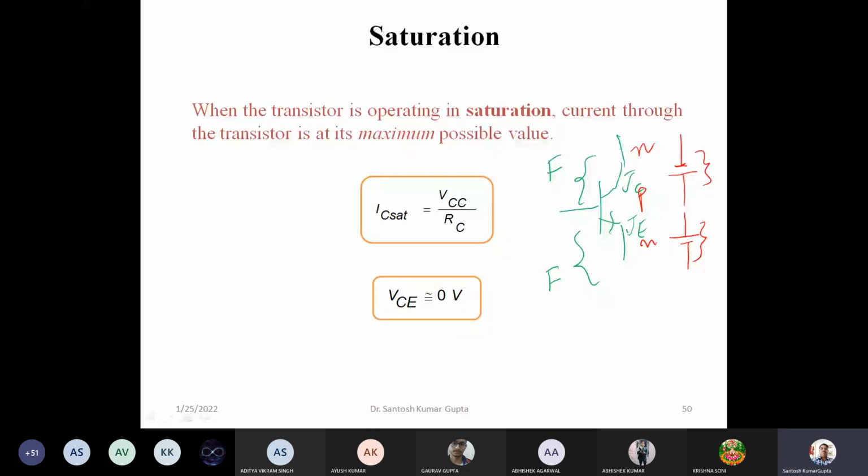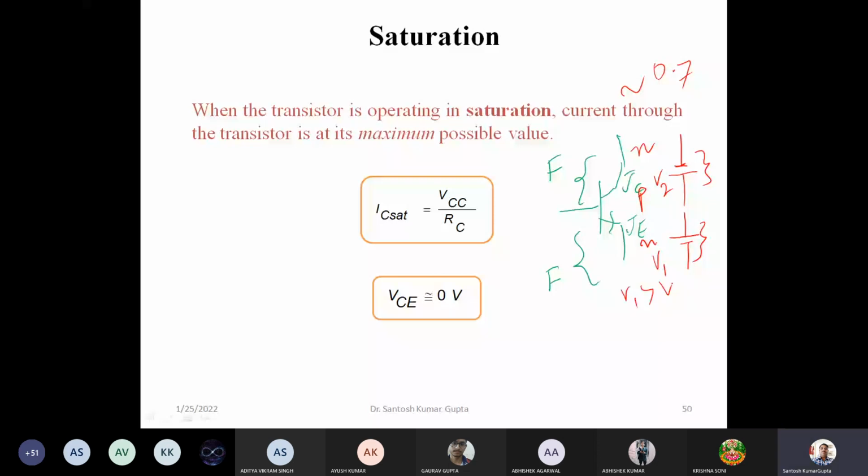So these voltages are very close to, say, 0.7 volt, but the actual values will depend of course on the cut-in voltage of these particular junctions, and the cut-in voltages will depend on the doping levels. What we expect here is that the emitter is heavily doped as compared to base or collector. So the cut-in voltages, say V1 and V2, then we see that V1 will be greater than V2.